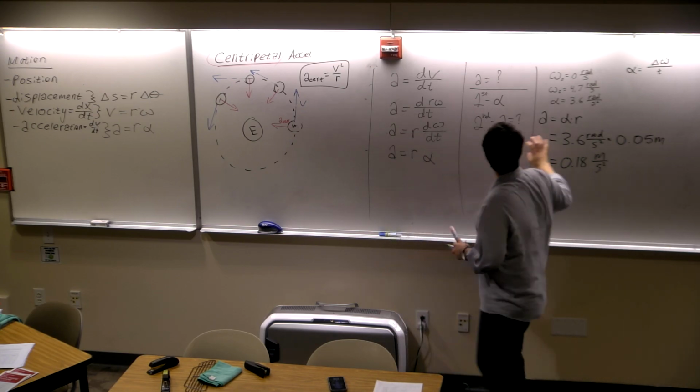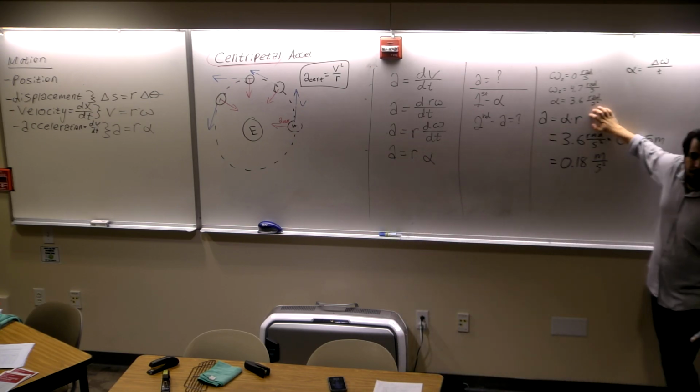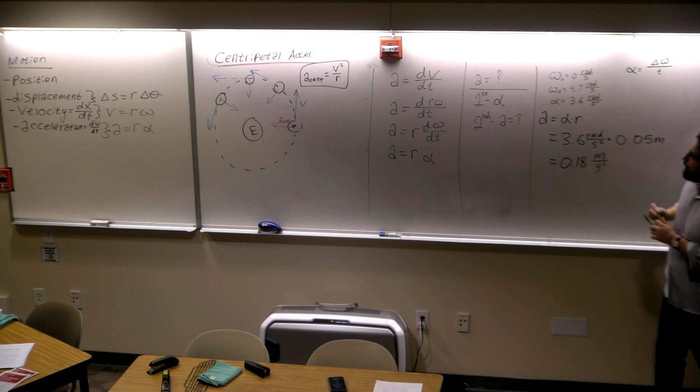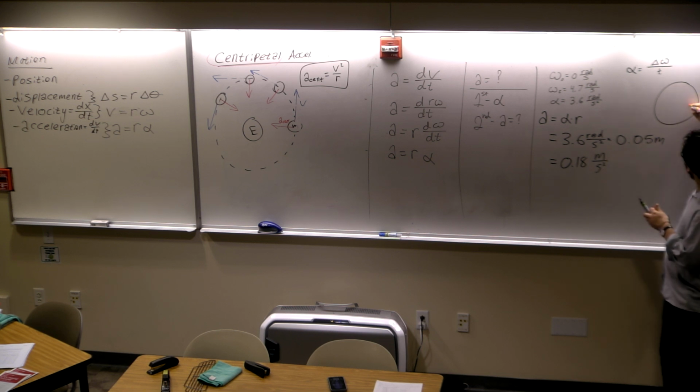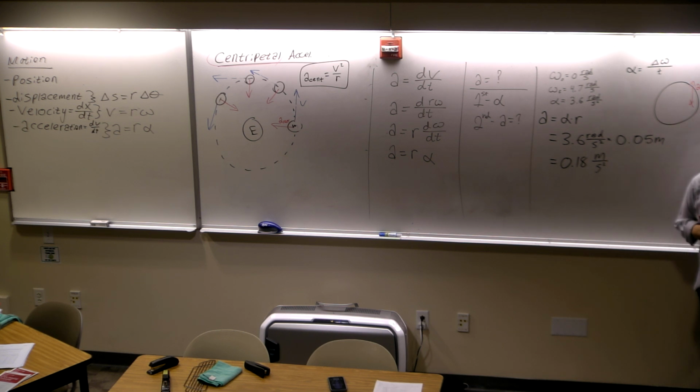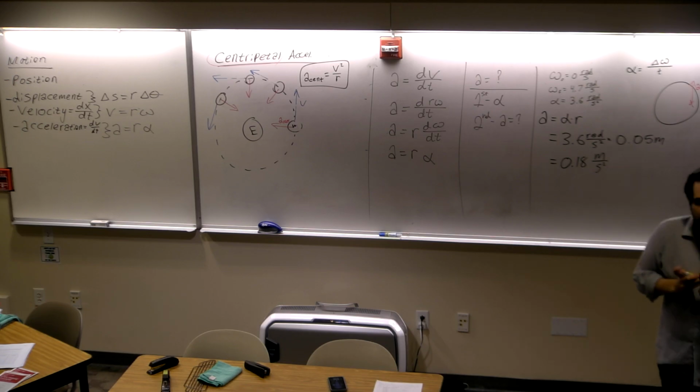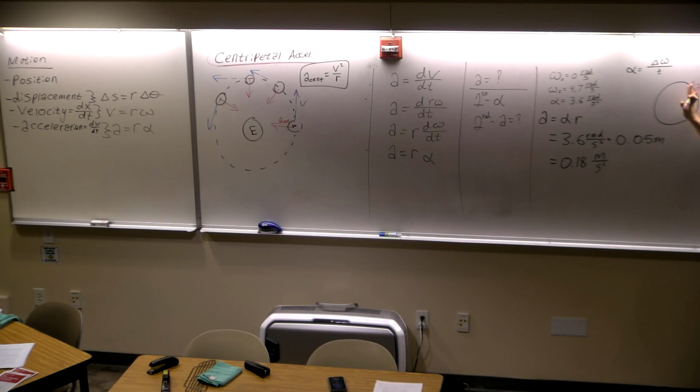Meaning that this earlier acceleration that we found, alpha times r, when we look at our rotating object, we had a record with some point on here. Its velocity was tangent, so was its acceleration. So this point on the record, it has an acceleration pointing tangent to its motion, causing it to speed up. There's also a centripetal acceleration causing it to change direction.